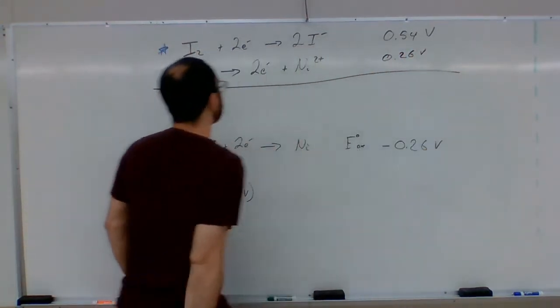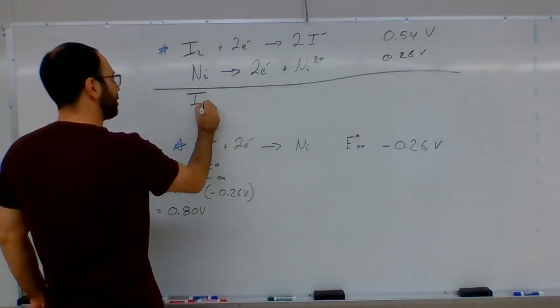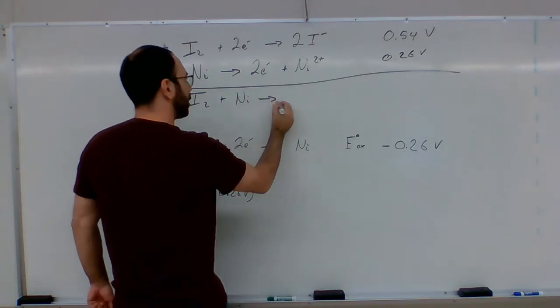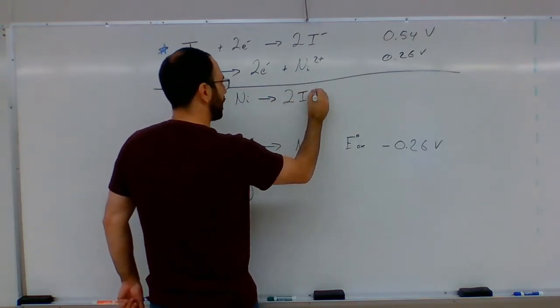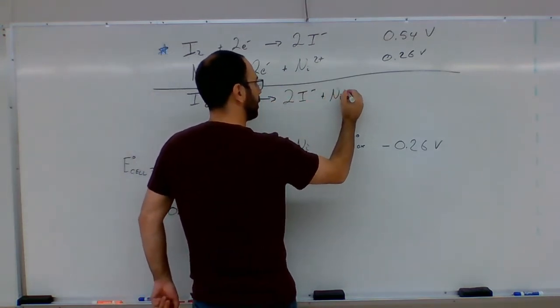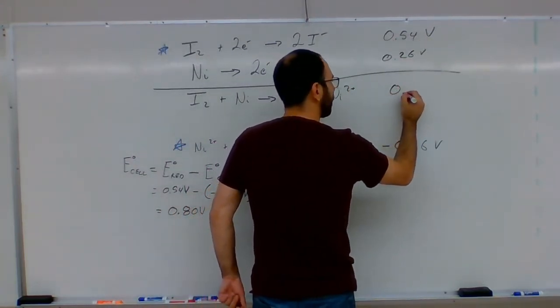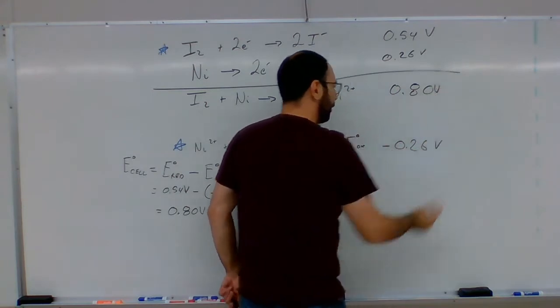And then now I can just add up my two reactions here. And my electrochemical cell is going to be this iodine gas plus the nickel metal producing 2 iodide ions and the nickel ion. And then I can add up these two voltages and also get to that 0.80 volts, similar to the way that I have it down here.